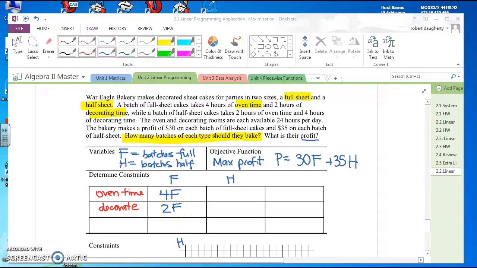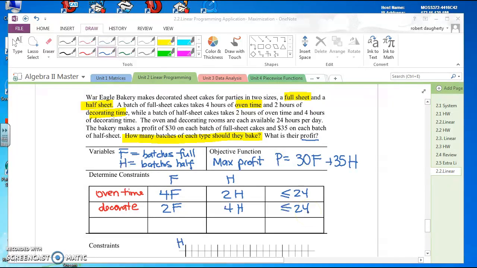And then the half takes 2 hours of oven, and 4 hours of decorating. Okay. And then if I look at my other constraints, both of these ovens are available for at most 24 hours a day. So I can use them for up to 24 hours a day.